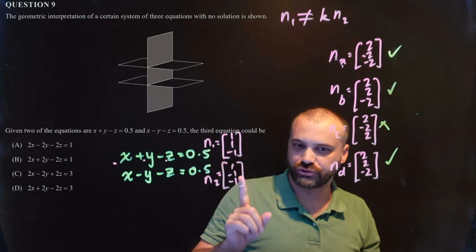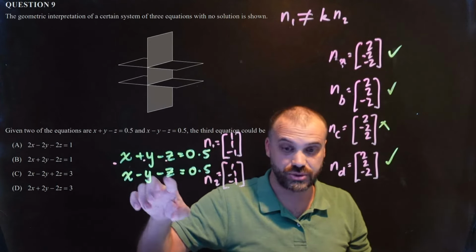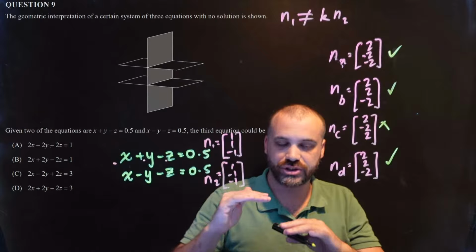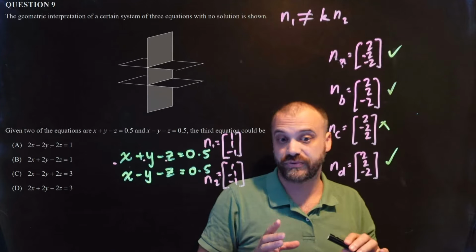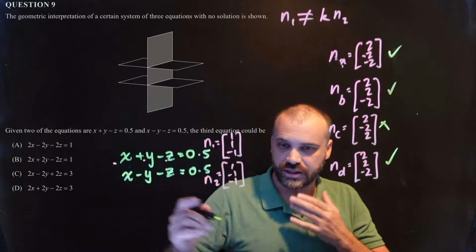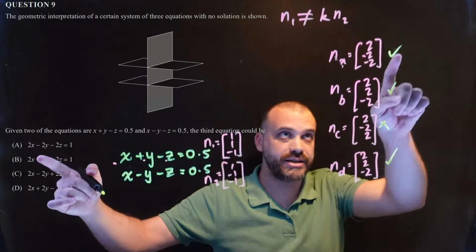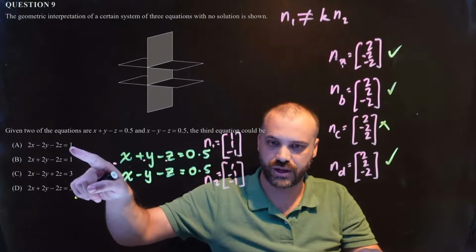Well, the trick is that one of these planes, or maybe 2 of these planes, aren't just parallel to each other. They're sitting on top of each other. They're equal to each other, right? So let's look at A, because A is a potential candidate. 2, negative 2, negative 2, 1.